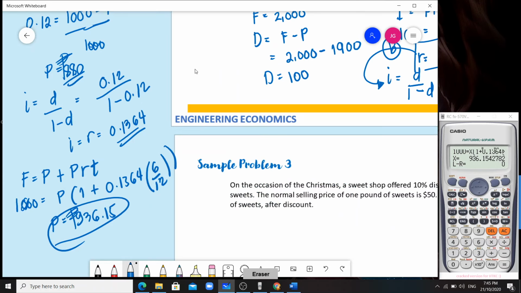So, mali pala to. 1,200 pala yung given, sorry. Palitan lang natin to ng 1,200. Yan, then shift solve.